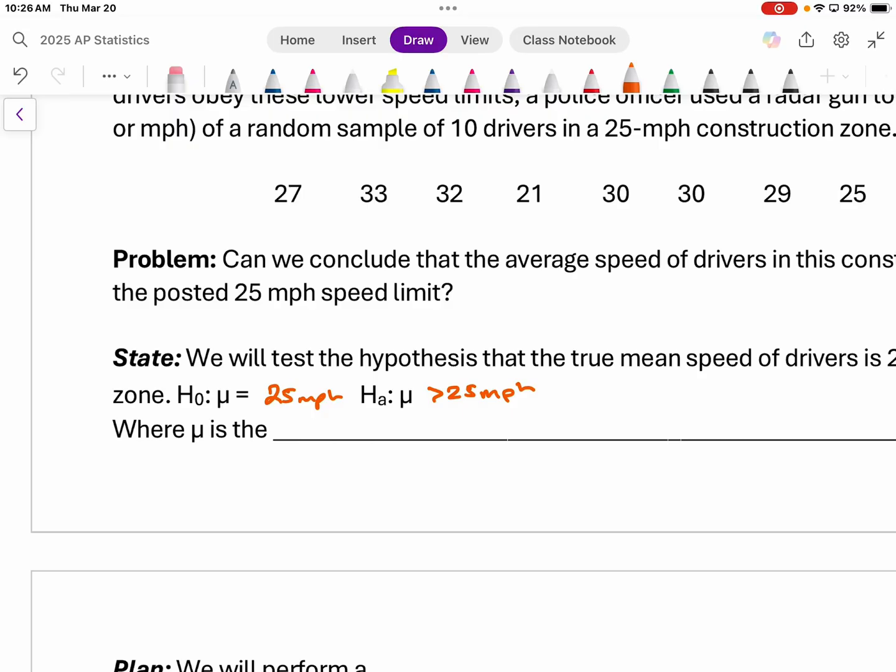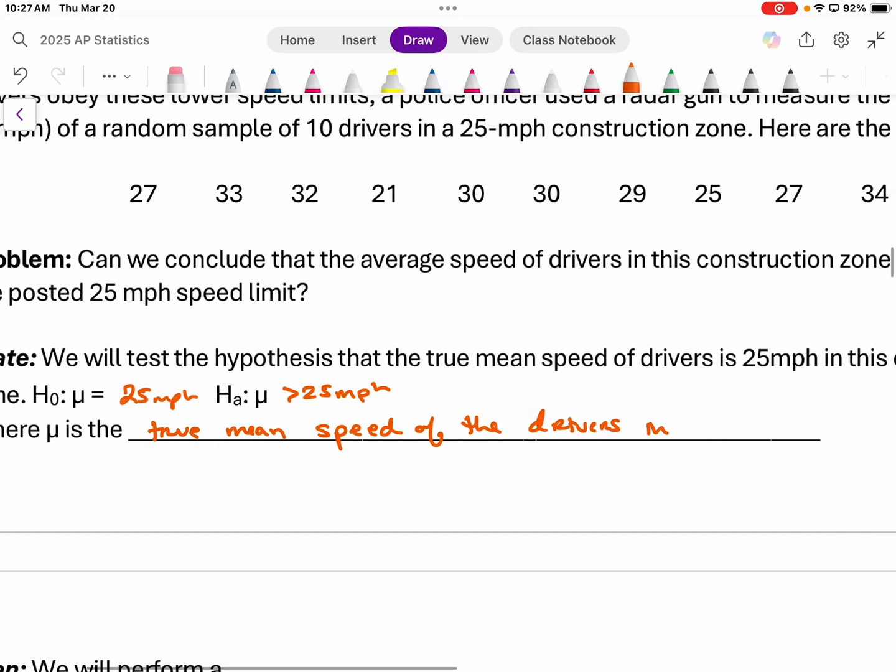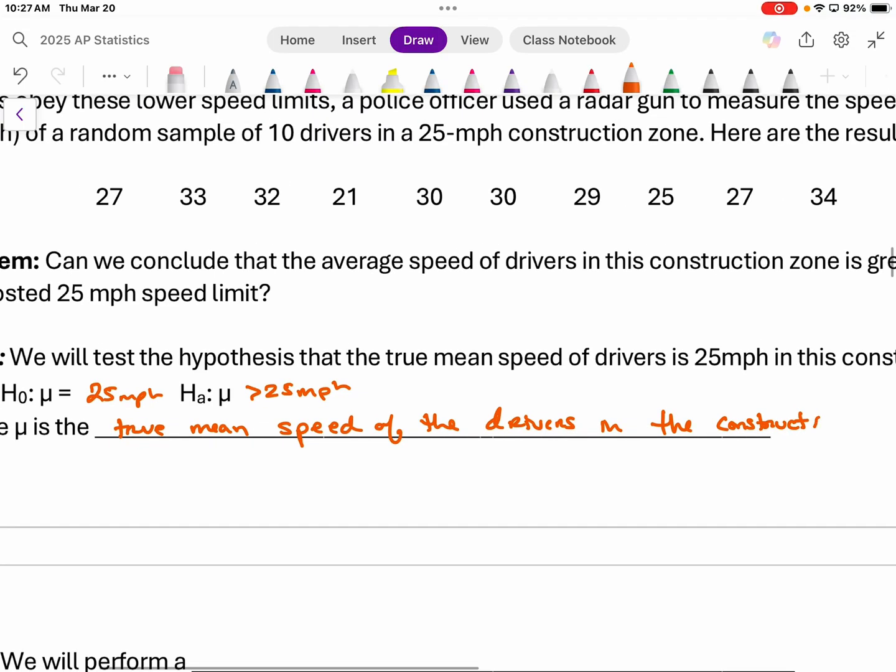Mu is the true mean speed of the drivers in the construction zone.